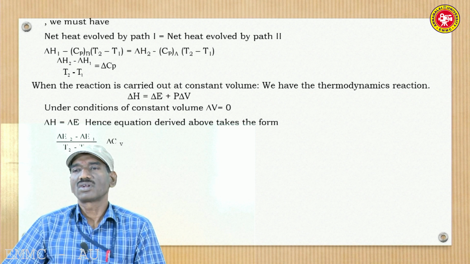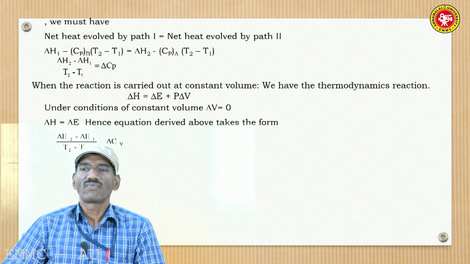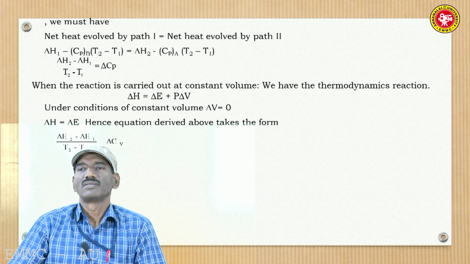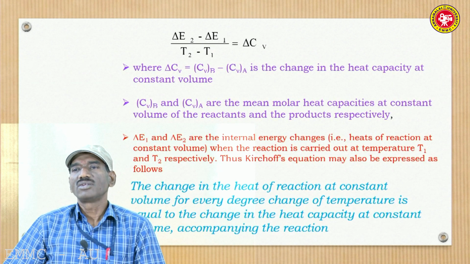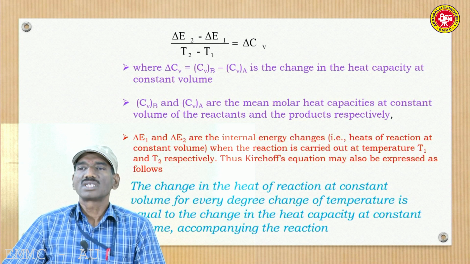Under conditions of constant volume, putting delta V equal to 0, the equation becomes delta H is equal to delta E. Hence, the equation derived above takes the form: delta E2 minus delta E1 divided by T2 minus T1 is equal to delta Cv, where delta Cv is the heat capacity at constant volume of product B minus the heat capacity at constant volume of reactant A, that is, the change in the heat capacity at constant volume.